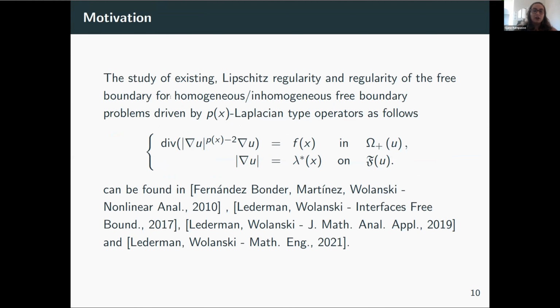The study of existence, Lipschitz regularity, and regularity of the free boundary for homogeneous and inhomogeneous free boundary problems driven by p(x)-Laplacian type operators like this can be found in the works of Fernández Bonder, Martínez and Wolanski in 2010, and the works of Lederman and Wolanski in 2017, 2019, and 2021.